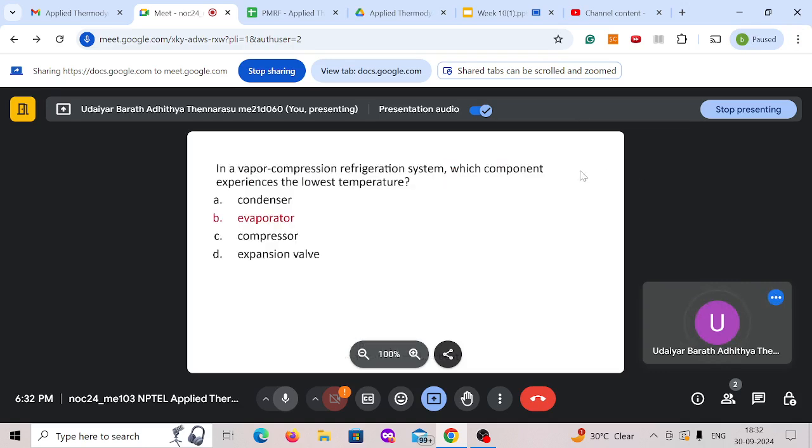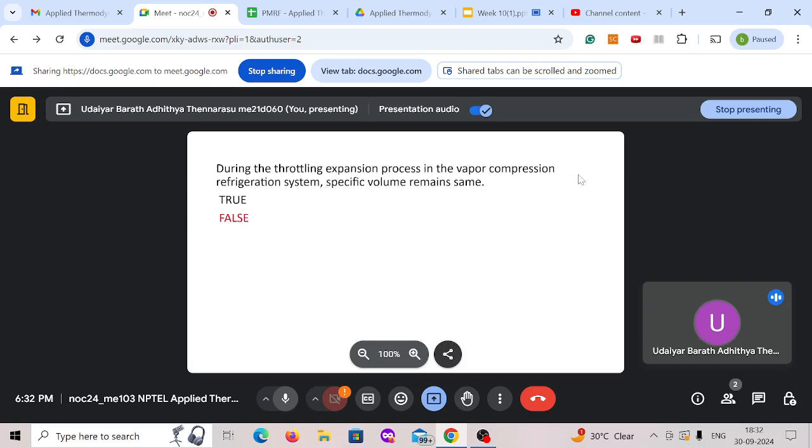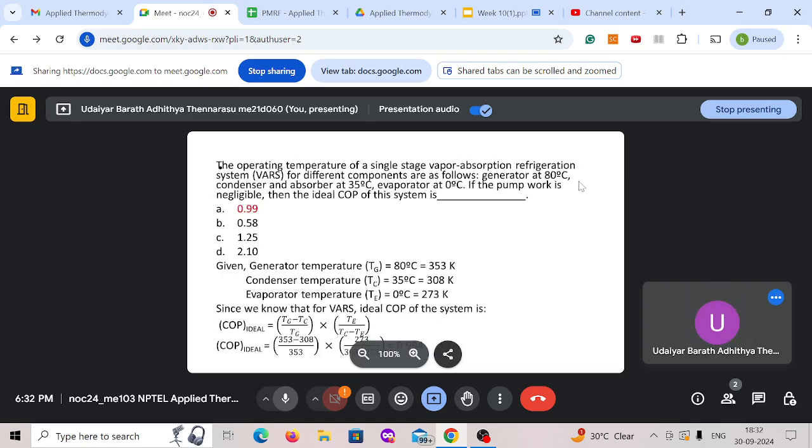So with that, the COP of the VRS system will look like this. (Tg minus Tc) by Tg is the efficiency of the heat engine, into Te by (Tc minus Te), which is the COP of the refrigerator.